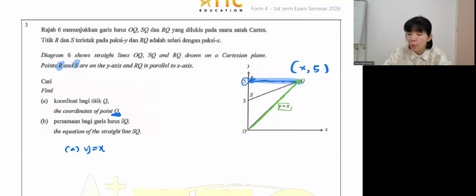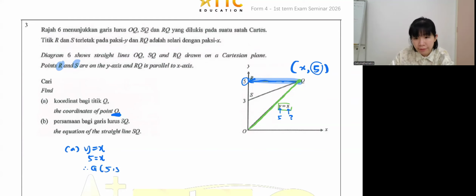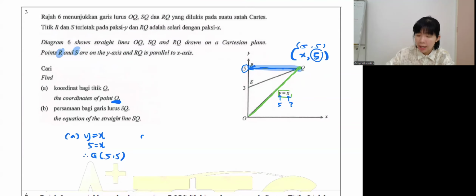So if you know y is 5, then when y is 5, x is also 5. 5 equals x. x equals 5. So the coordinate of Q is 5, 5. Okay, 5, 5.